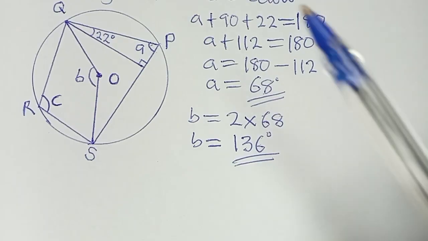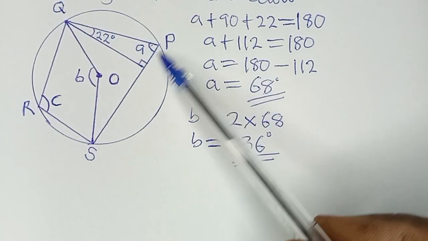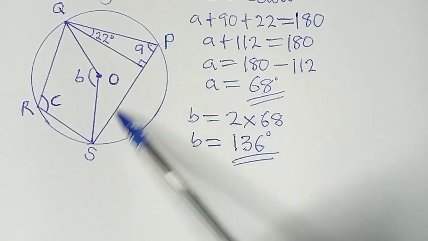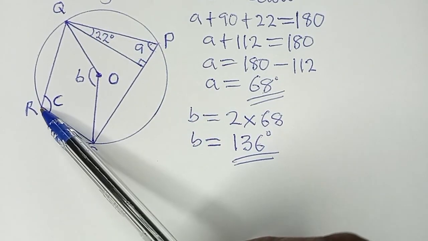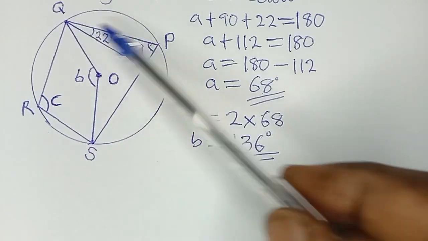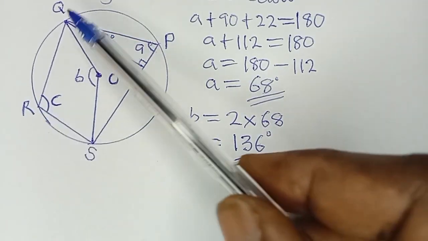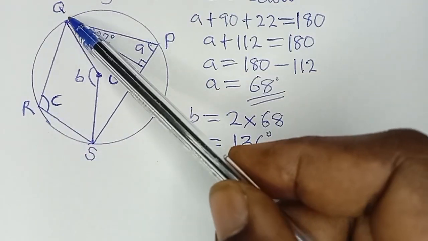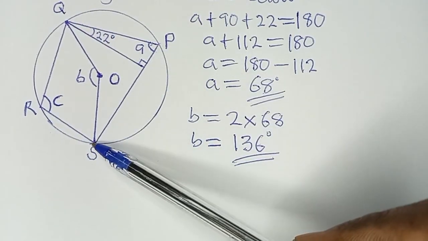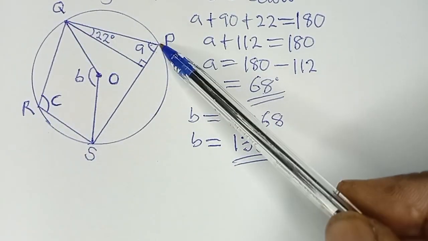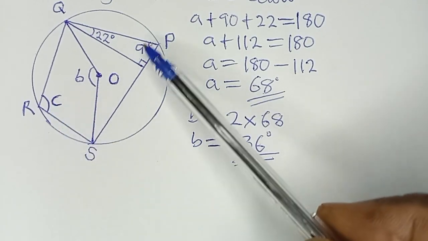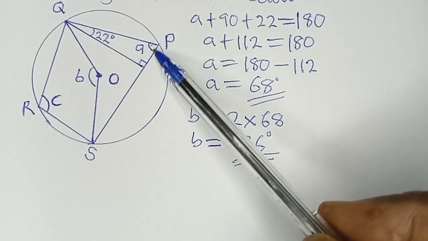Now if you look at this shape here, this is a four-sided figure. We have this line 1, we have this line 2, this is line 3, and this is line 4. So a four-sided figure that has all its edges or angles on the circumference of a circle is called a cyclic quadrilateral. And the theorem says that the opposite angles of a cyclic quadrilateral are supplementary.